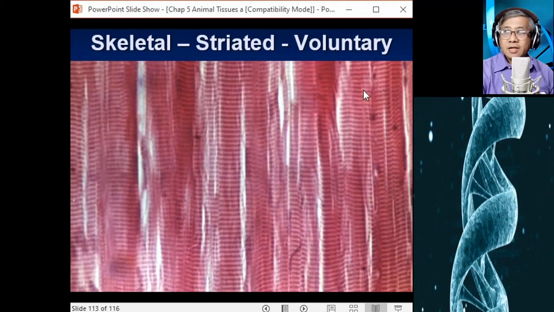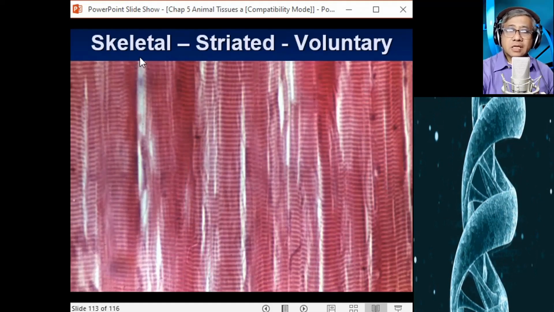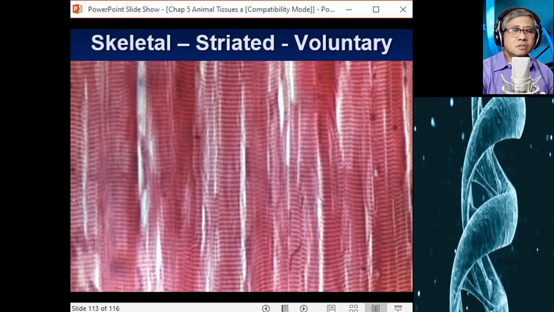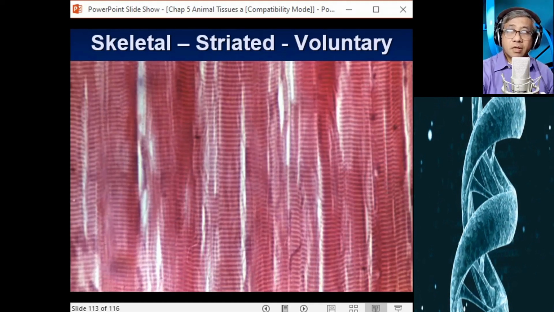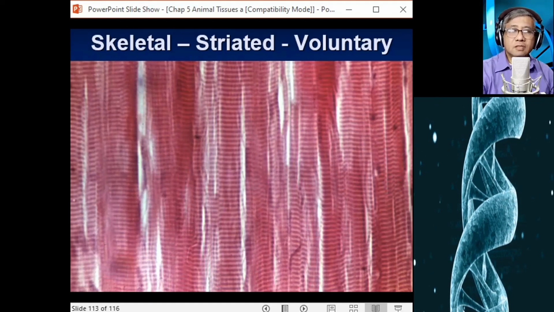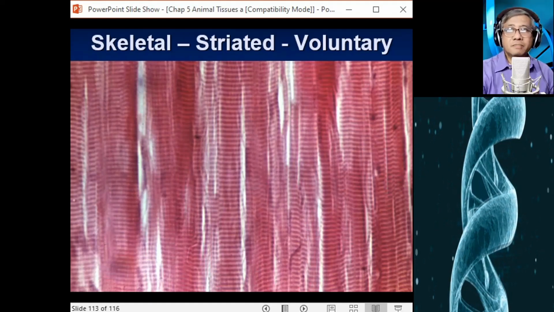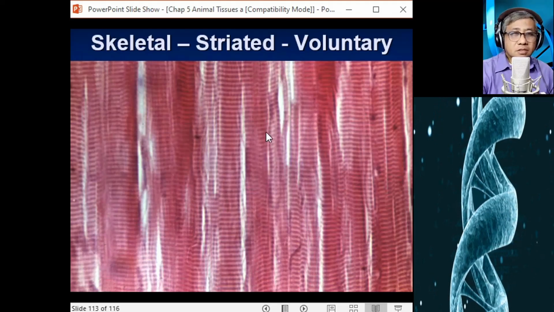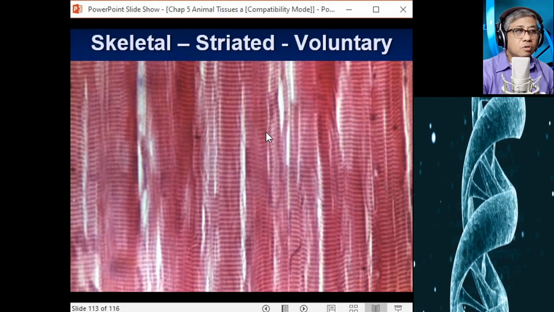Striated or voluntary. The tissue is called skeletal because this type of muscle tissue is usually attached to the body framework or sa bones natin. Hence the term skeletal. It is called voluntary because this muscle is under the control of the will.